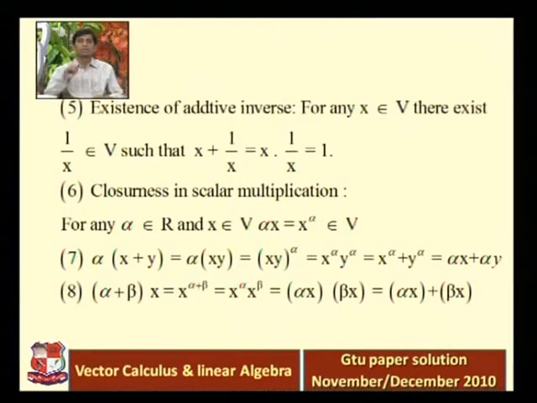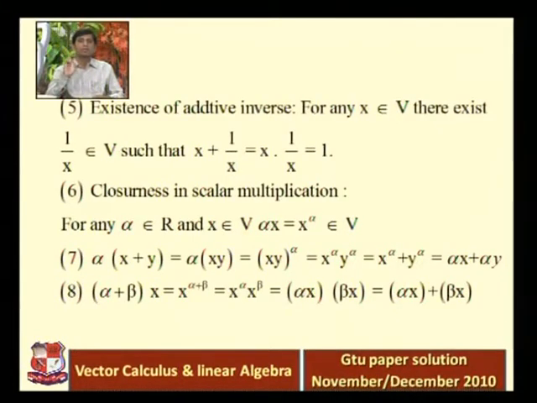Because x is a positive real number, just try to understand very carefully why x raised to alpha belongs to V. Because x belongs to V, that means x is a positive real number. Now alpha is any real number, that can be negative or positive both.